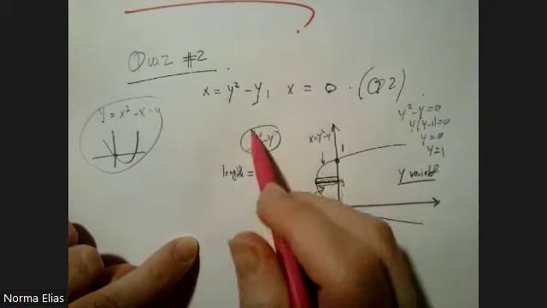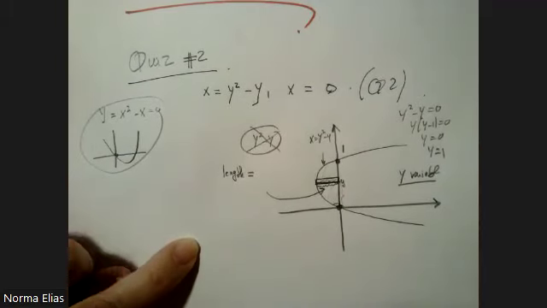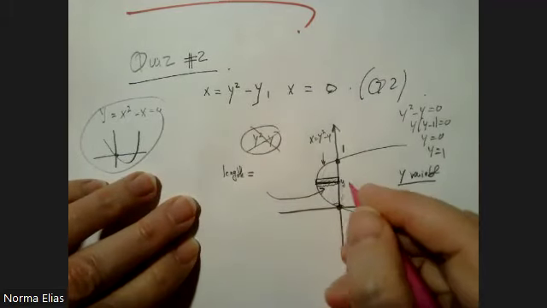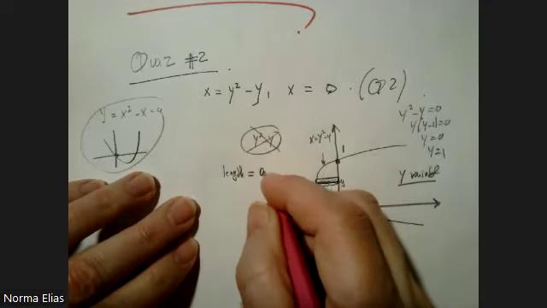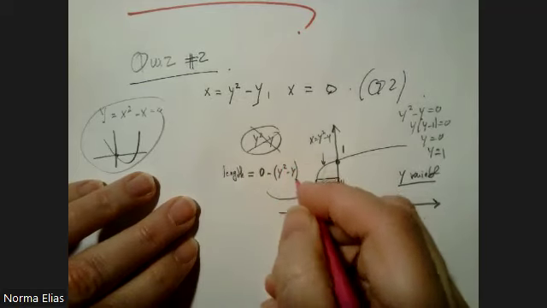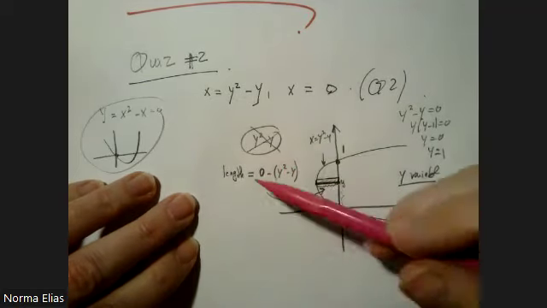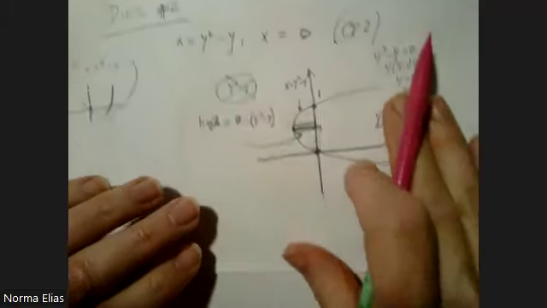So y squared minus y is actually going to be a negative number, which cannot be the length. The length is always the right value minus the left value. So it's always 0 minus y squared minus y, the right value, which is 0 here, minus y squared minus y.